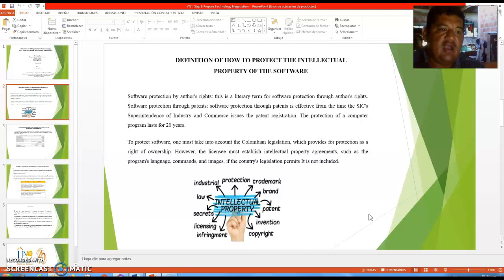However, the license must establish intellectual property agreements such as the program language commands, managed in the country legislation, permitting it is not included.